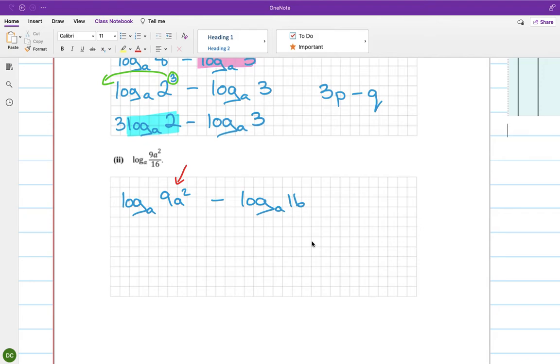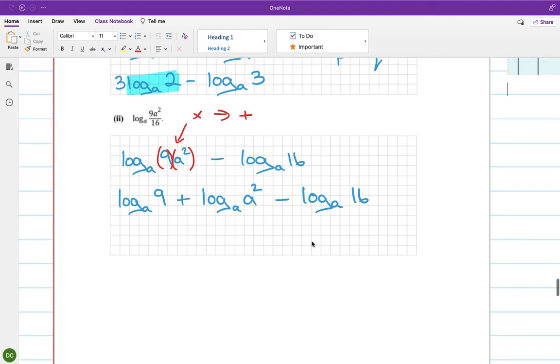So we can't bring the power to the front, but we can treat this as a multiplication. So we can go log to the base a of 9 plus log to the base a of a squared minus log to the base a of 16. Yeah, so I can split that up into the multiplication. This multiplication becomes a plus.